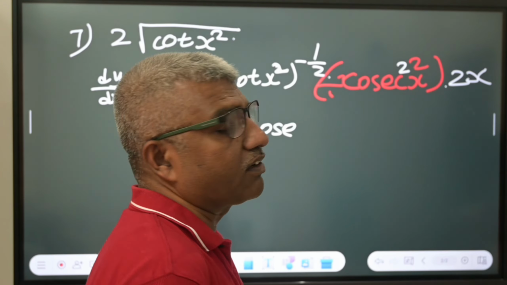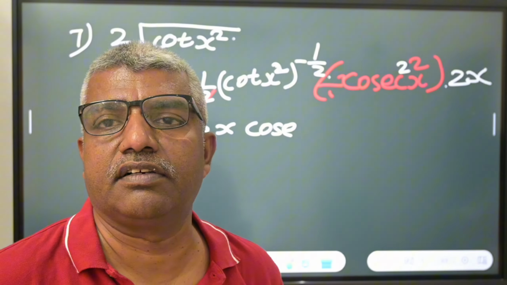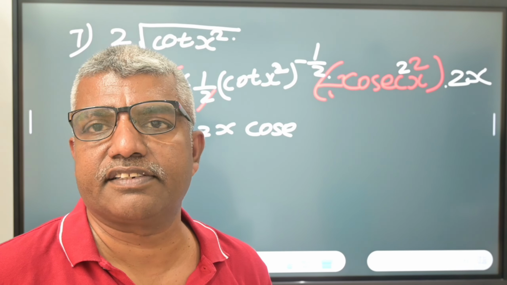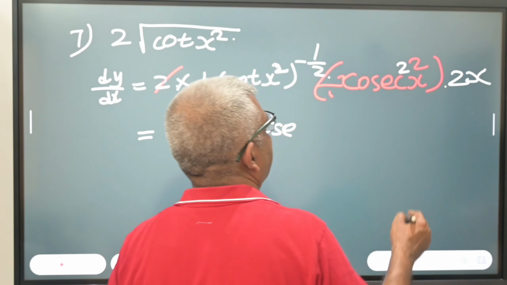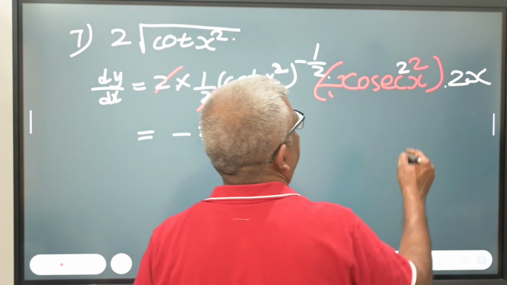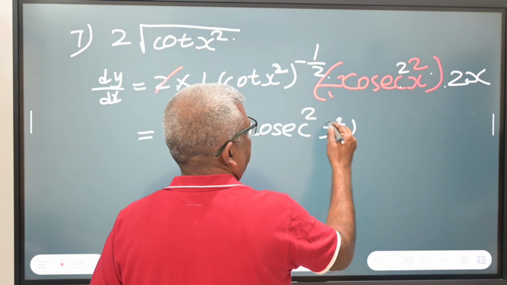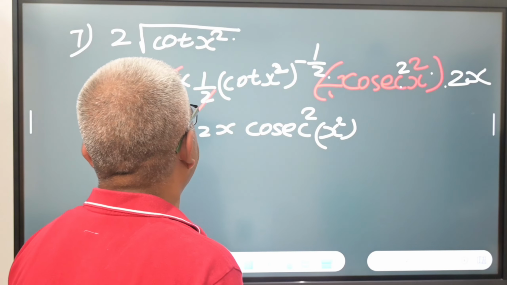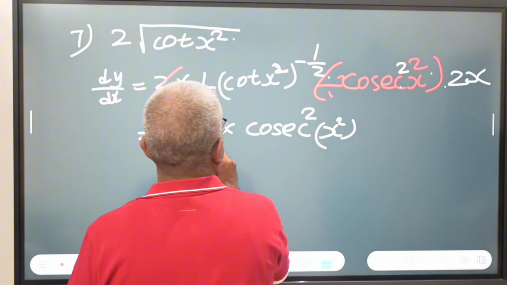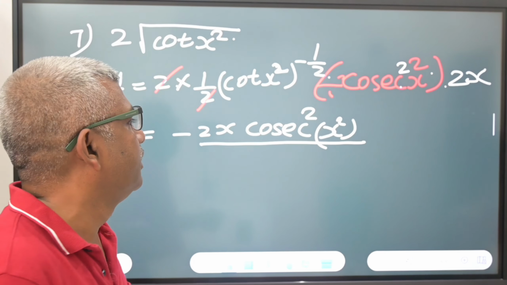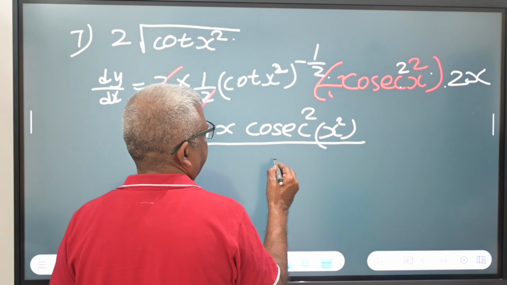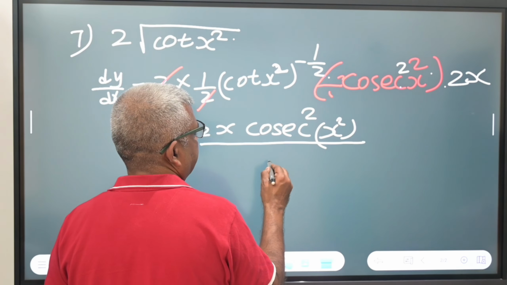Cot x, if you differentiate, cot x is minus cosecant squared x, like tan x is secant squared x. Divided by cot x squared to the power of minus half; when it comes to the denominator, we can write it as square root of cot x squared.